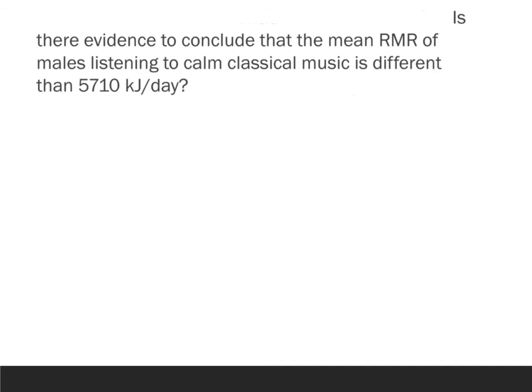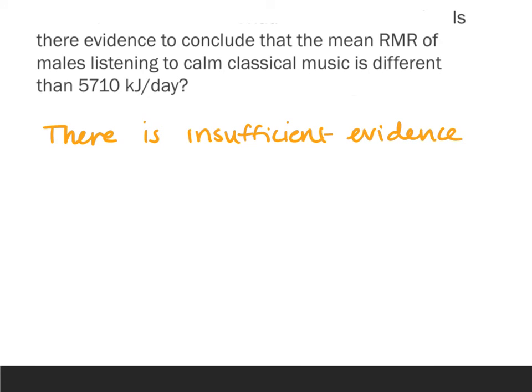So there is, or we have, however you want to word it, there is insufficient evidence. And this is because we failed to reject the null hypothesis. Just as a reminder, that's how we know that we have insufficient evidence. So there's insufficient evidence at this point, with the p-value we got, it would be at any significance level.